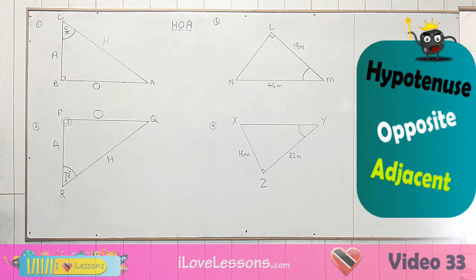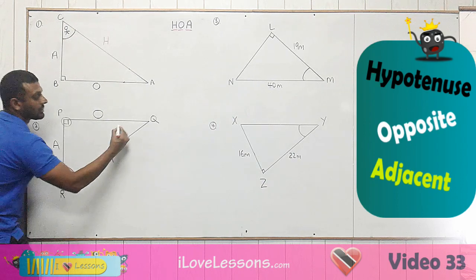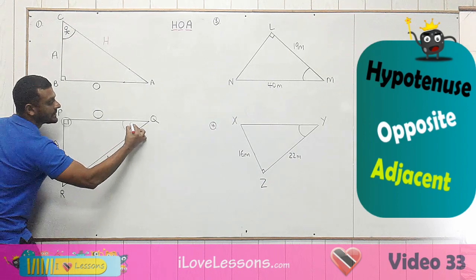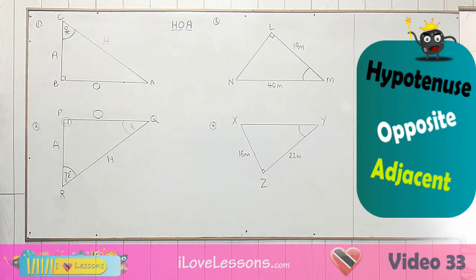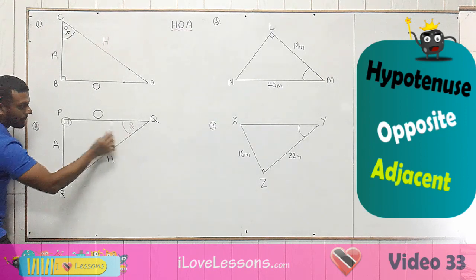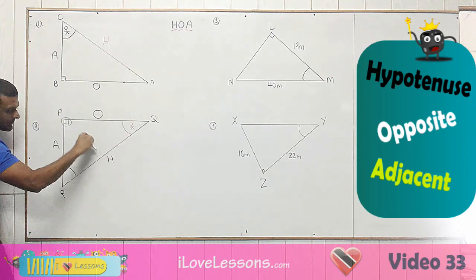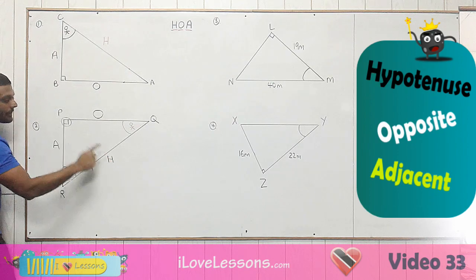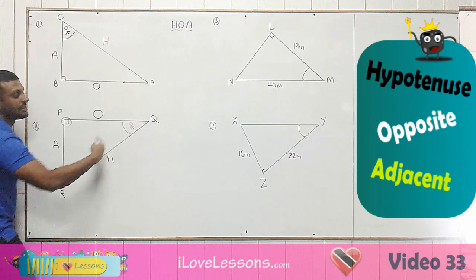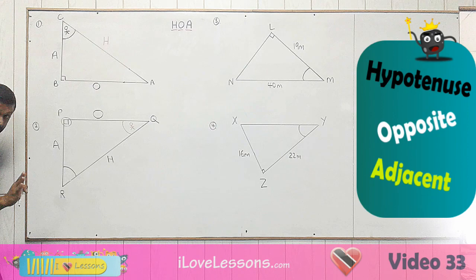So once again, let's pretend that we are standing here for some reason. And let's see what happens. If we are standing here now, your hypotenuse is still opposite the right angle. So your hypotenuse is not going to change even though you're standing somewhere different in the triangle.